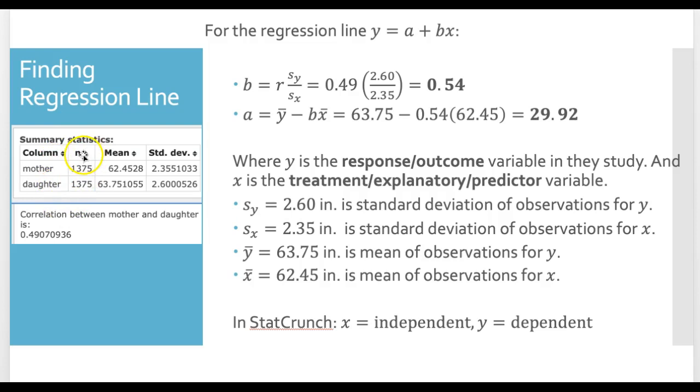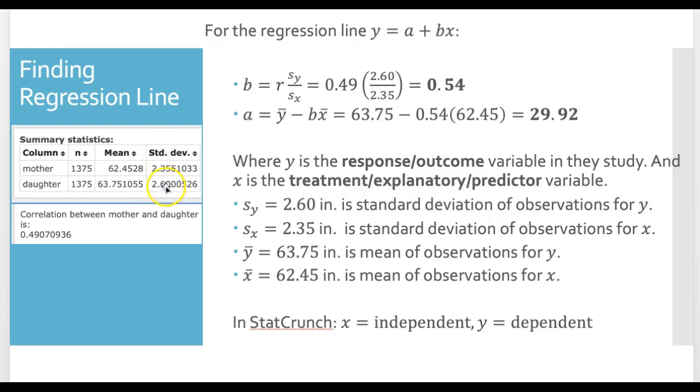Remember, n is the sample size, so there are 1,375 mothers in the study, and of course 1,375 daughters. The mean height for the mothers was 62.45 inches, and the mean height of the daughters was 63.75 inches. The standard deviation for mothers was 2.35 inches, and the standard deviation for the daughters' height was 2.6 inches.